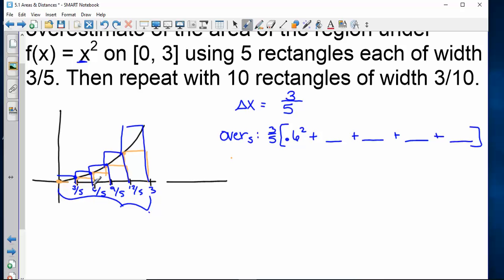So the next one, if I add 0.6, that's at 1.2, so it would be 1.2 squared. Next one, we're just adding the change in x, which is 3/5 or 0.6 each time. So 1.2 plus 0.6 is 1.8 squared. Plus 0.6 is 2.4 squared. Plus 0.6 is 3 squared. So then I am going to put this into my calculator.